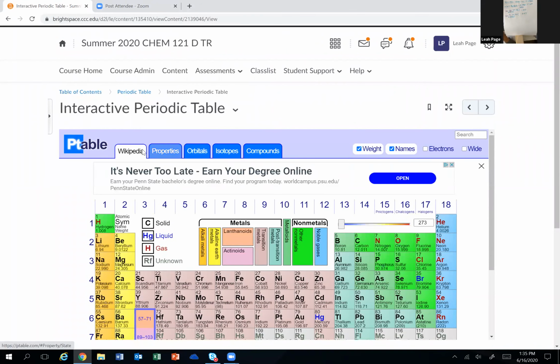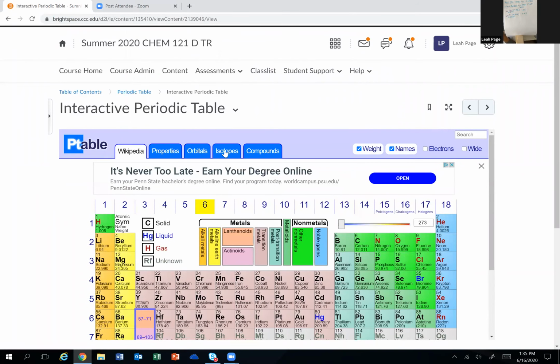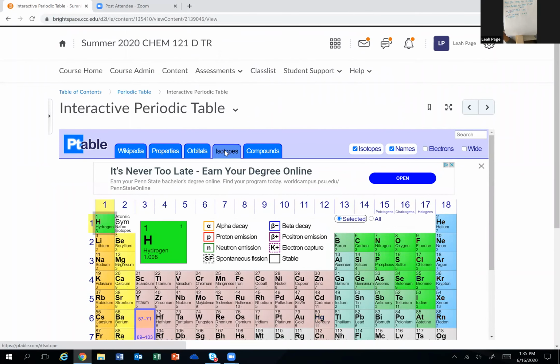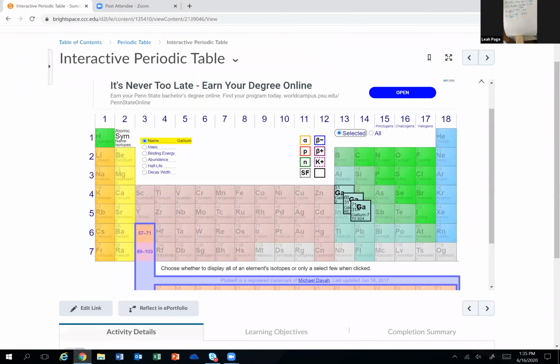Here, it gives us the periodic table. It gives us everything we need to know. If I click on this isotopes tab and go to gallium, it gives me the isotopes of gallium.